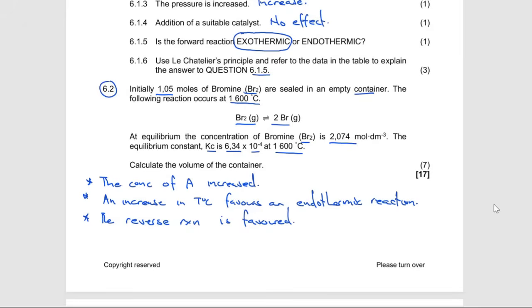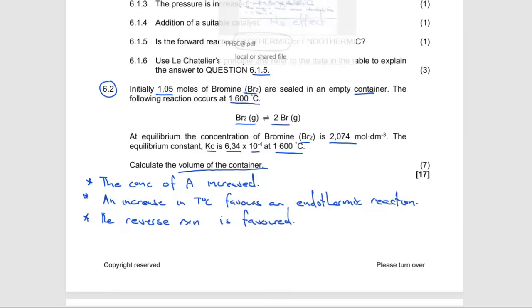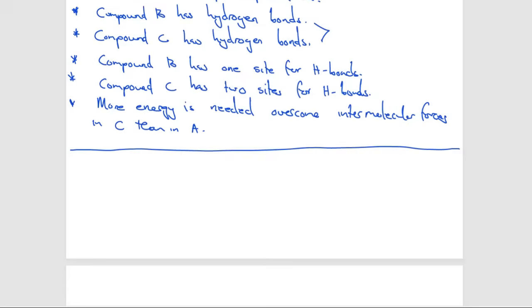Then we're asked to calculate the volume of the container. For us to calculate the volume, allow me to use this new page on this other end. We're going to start with our Kc expression.